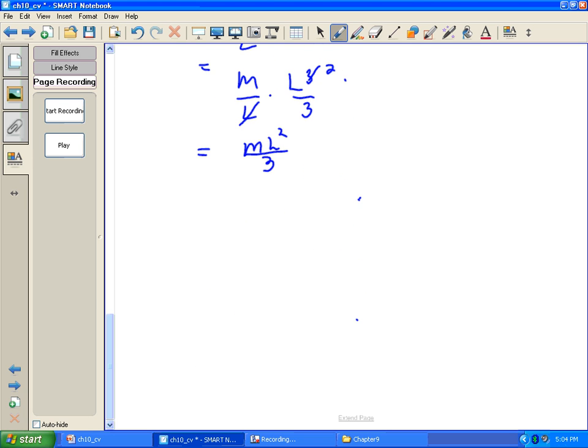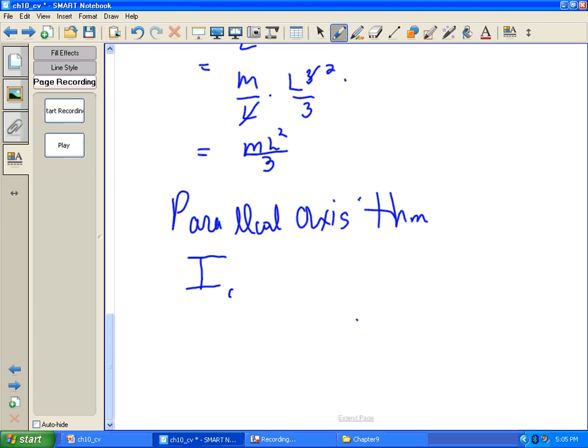Now there's something else I want to say about this, and that is that we can easily use the parallel axis theorem to eliminate one of these integrations that we did, because the parallel axis theorem says that the moment of inertia about any axis that is parallel to the axis through the center of mass is given by the moment of inertia at the center of mass plus the mass of the rod times the distance.